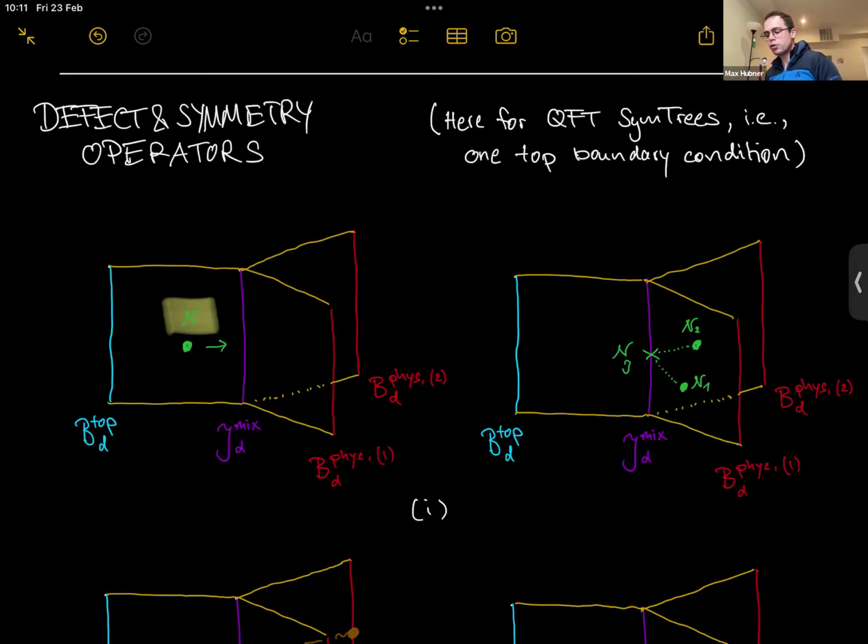For topological operators, there are now certain equivalences because I can topologically deform them. One topological operator will have different presentations inside of the SymTree. I can, for example, deform it across a junction. It might split into two other topological operators and possibly still be connected back to the junction it passed through.